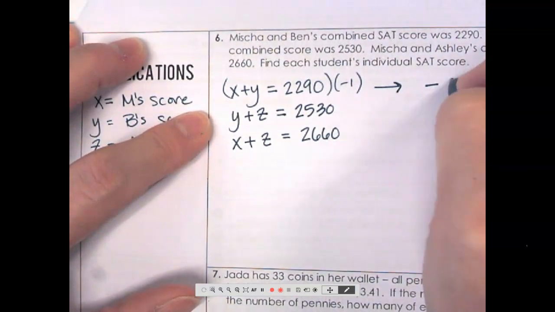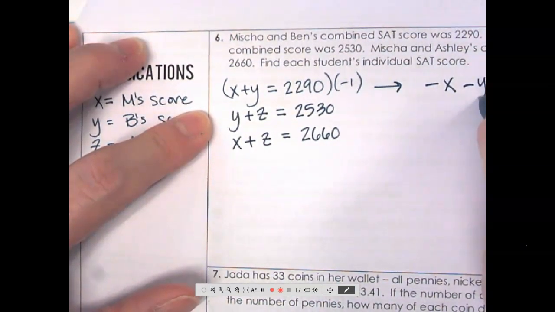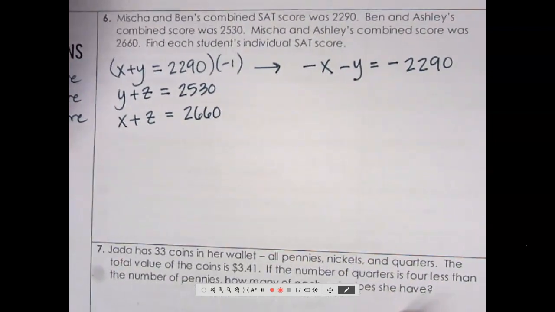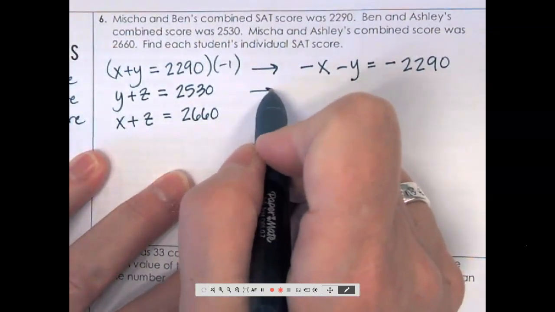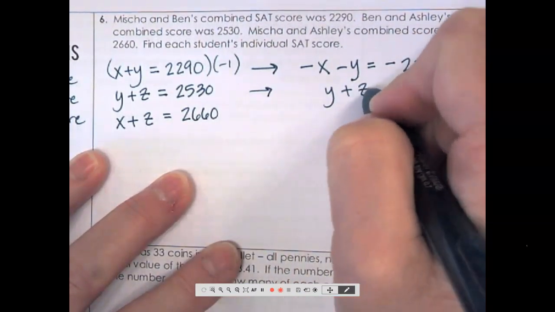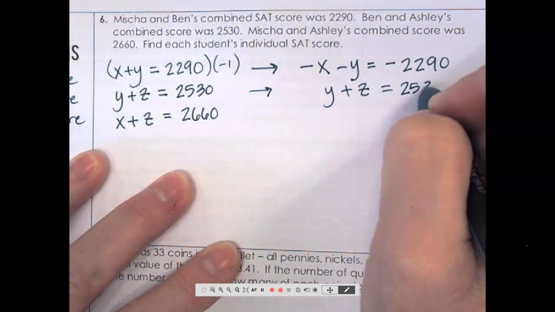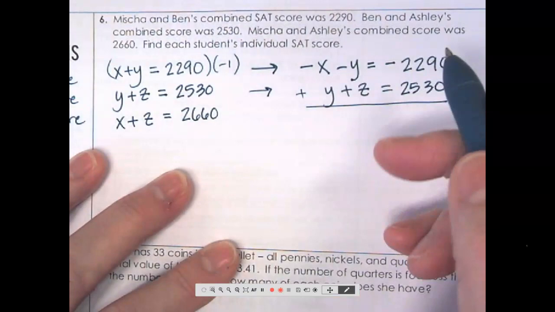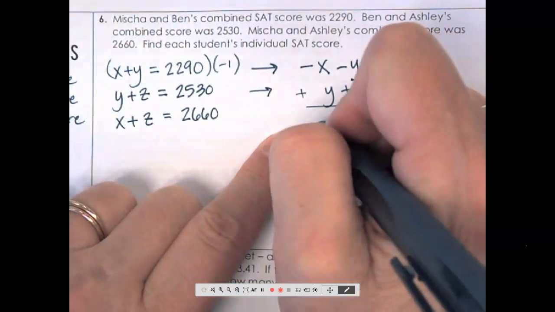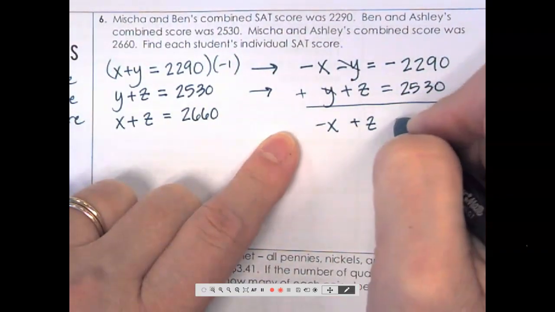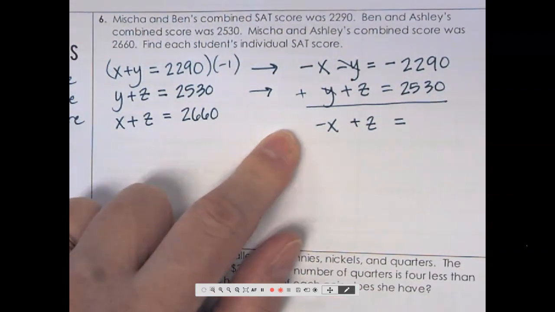That gives me negative X minus Y equals negative 2290. I'm just going to carry over the second one. Okay, let's add them up. X doesn't cancel with anything. The Y's cancel.